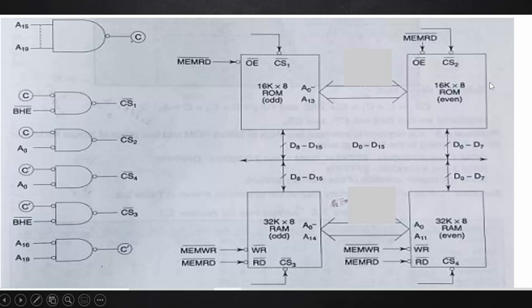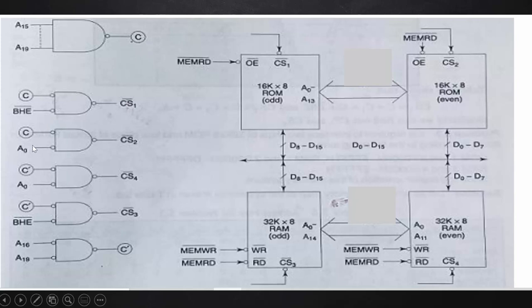For the even bank, the chip selection is designed like this: it is activated based on the value of our least address bit, A0.